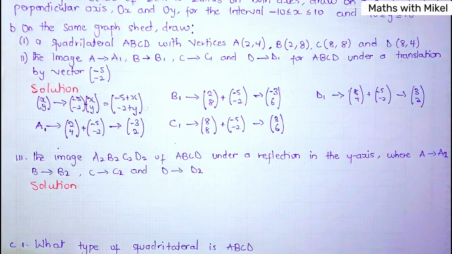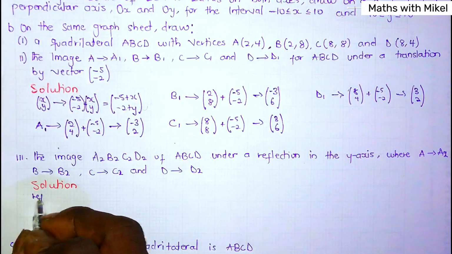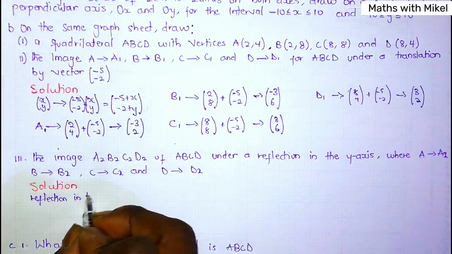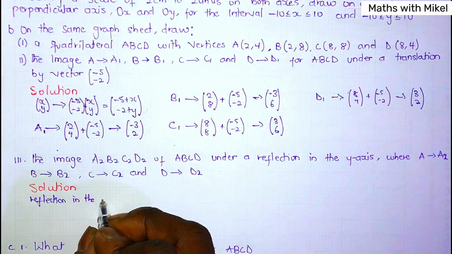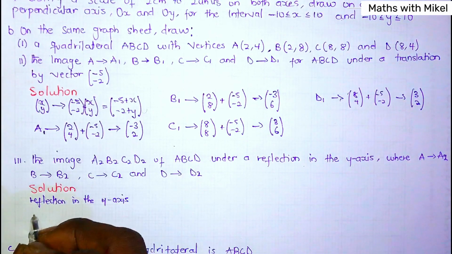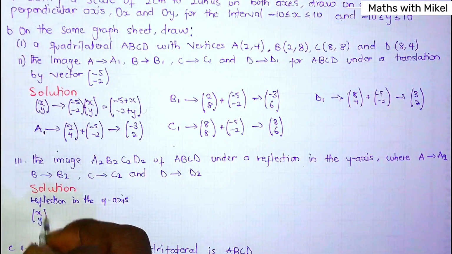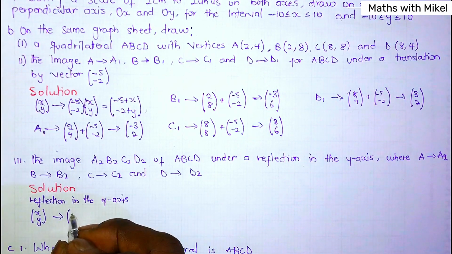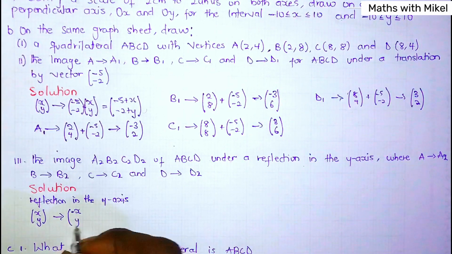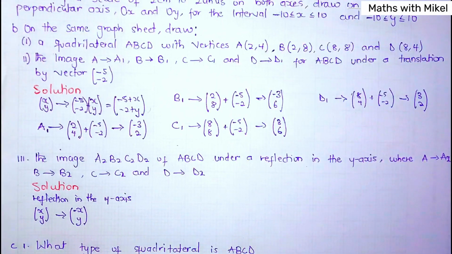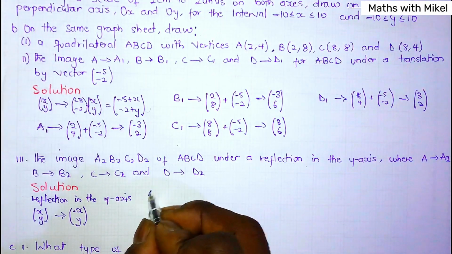So with reflection on the y-axis, you see that a point (x, y) under that reflection is going to be (-x, y).